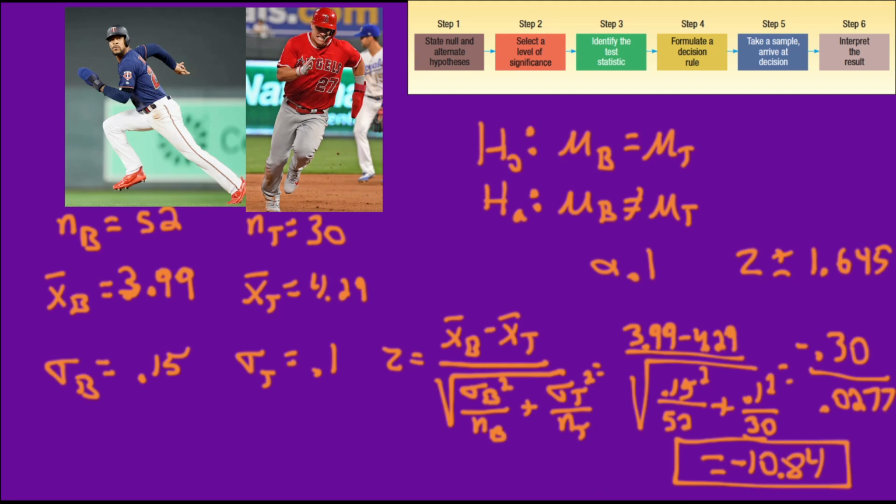And so this Z value is well within our rejection region. And we have found enough evidence to reject the null, I should say. And so we can probably say that Byron Buxton is faster than Mike Trout, at least in their current stage of career.